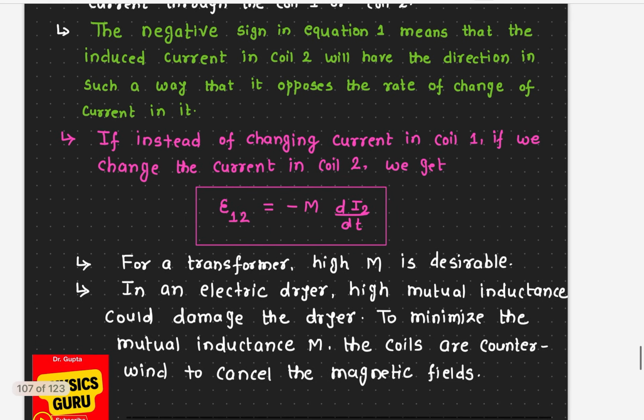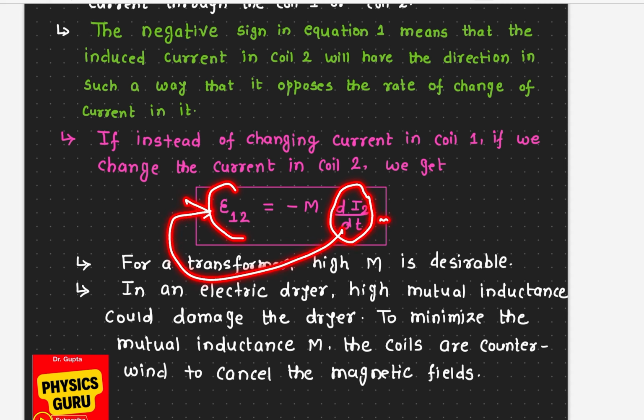That's the induced EMF in coil 1 due to coil 2, and it is given by M and this term here. That means the current passing through coil 2 is not a constant current, it is an oscillating current. Because of the oscillating current in coil 2, we have an induced EMF in coil 1, and the value is given by this equation.